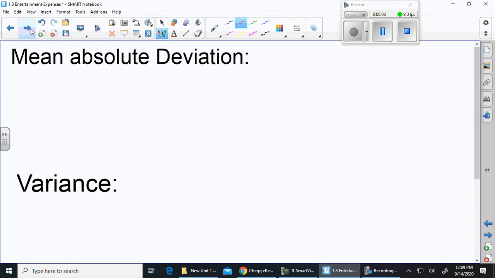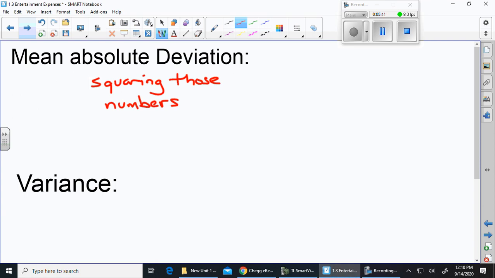So then what we're going to be asked for is the mean absolute deviation and the variance. The mean absolute deviation is actually squaring those numbers, because you don't want negatives.